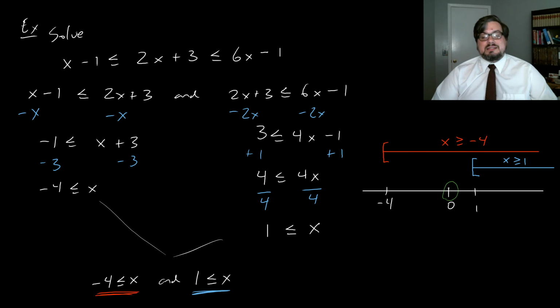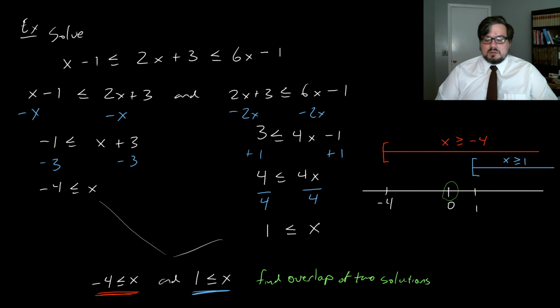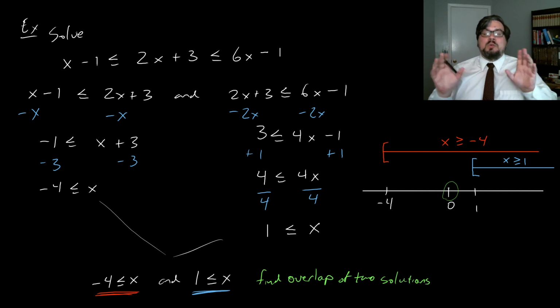The only numbers that satisfy the compound inequality are the places on the number line where both inequalities are true at the same time. In other words, their overlap. So what we're going to do is find the overlap of the two solutions to the component inequalities in the compound inequality.